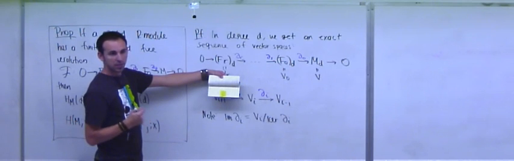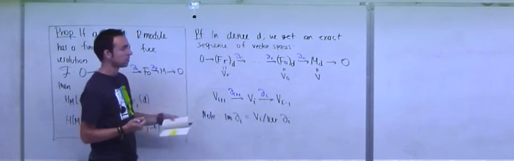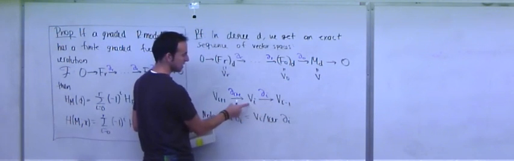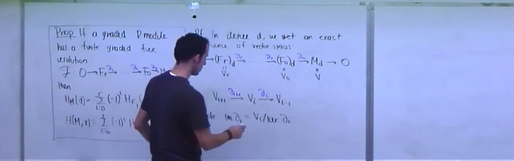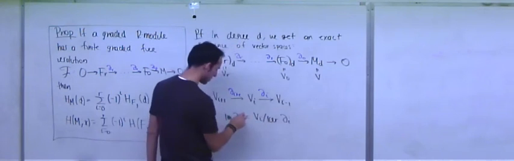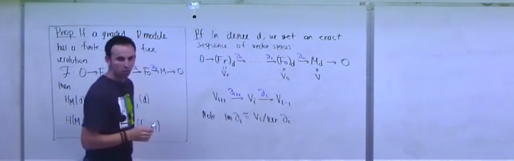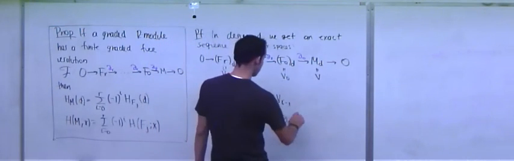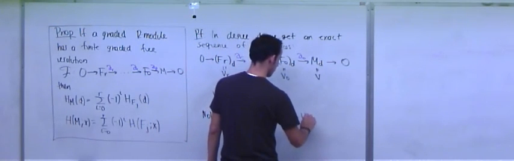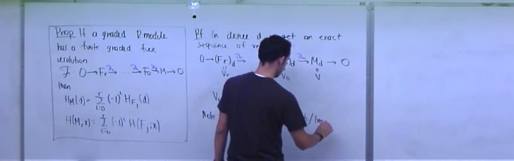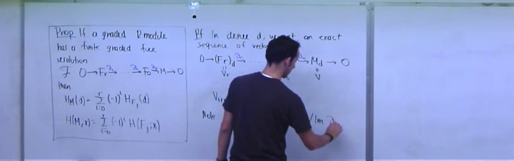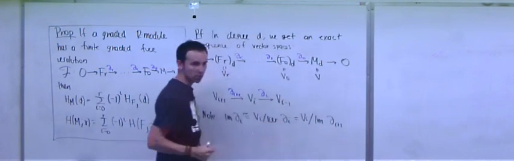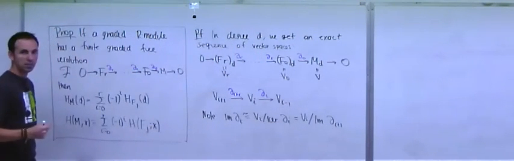But we have to use the fact that this is an exact sequence, right? And remember that exact means that the kernel of delta I equals the image of delta I plus 1. Sorry, so this is an isomorphism. They're not equal, but they're isomorphic. Okay? And this is equal to Vi mod the image of delta I plus 1, because the kernel of delta I is exactly equal to the image of delta I plus 1 by the exactness. Okay?